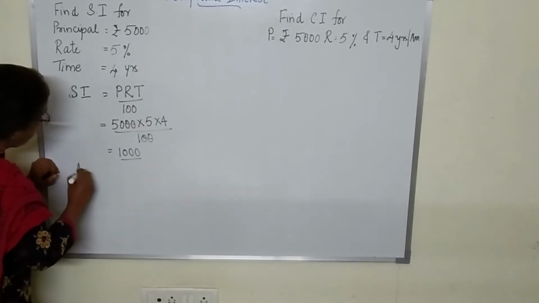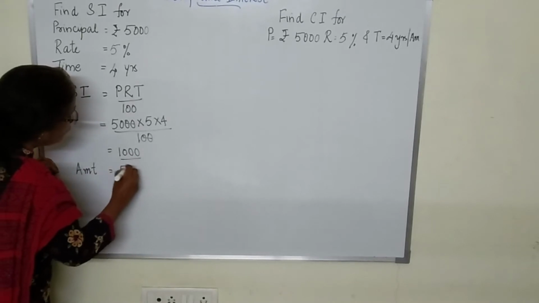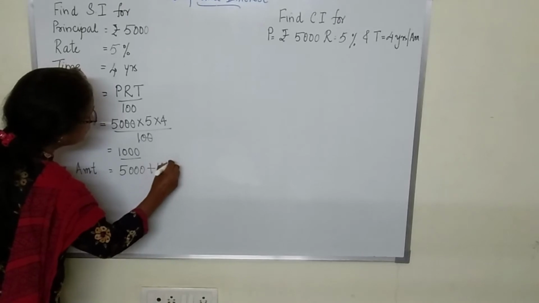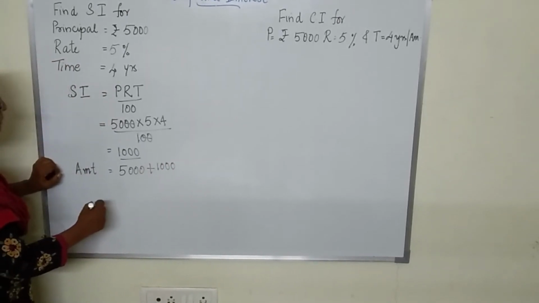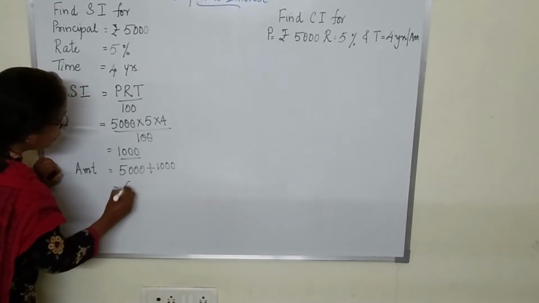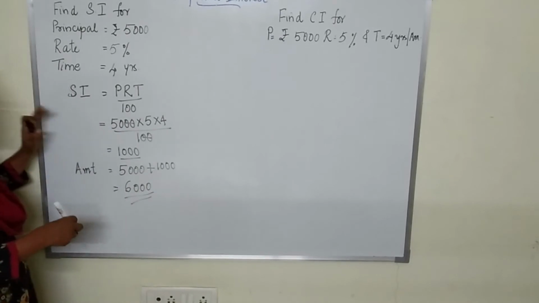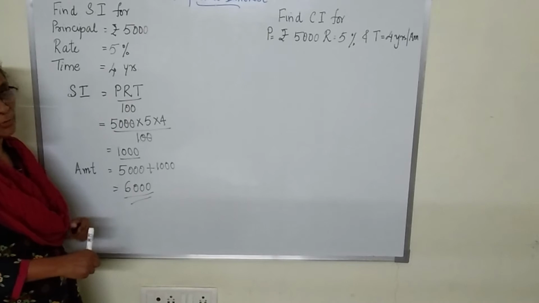So the amount will be equal to 5,000 plus 1,000, which is equal to 6,000 rupees. Means to complete or to close the transaction we have to pay 6,000 rupees.